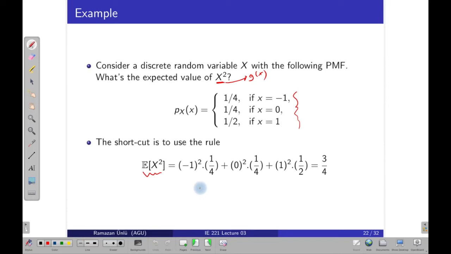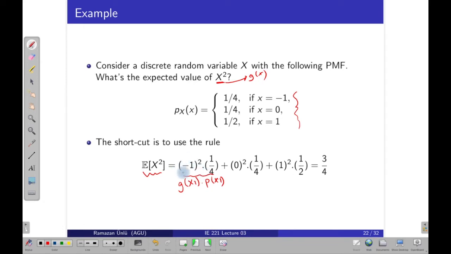So what is the g of x? It is x squared, right? Actually this part is g of x1 times p of x1, and this part is g of x2 times p of x2, and this part is g of x3 times p of x3.